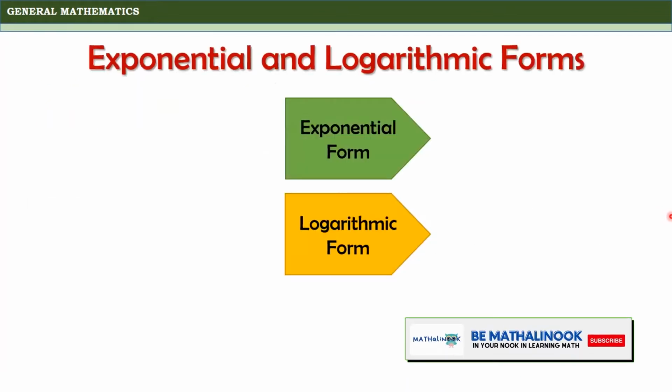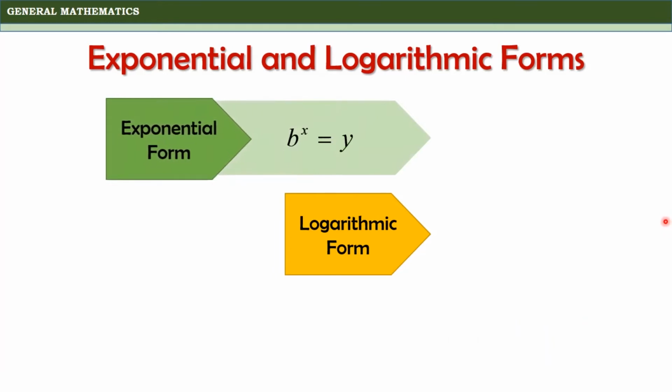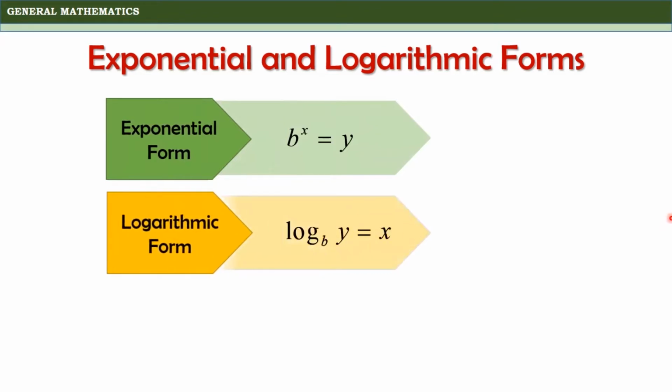Therefore, we need to study now the exponential and the logarithmic form. Remember, the exponential form is given by b raised to x is equal to y. And the logarithmic form is given by log base b of y equals x.